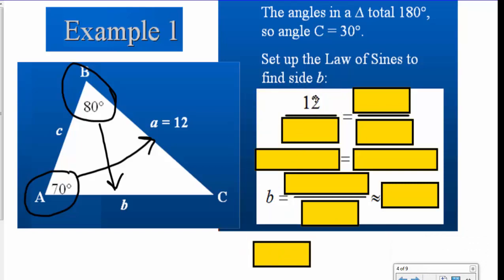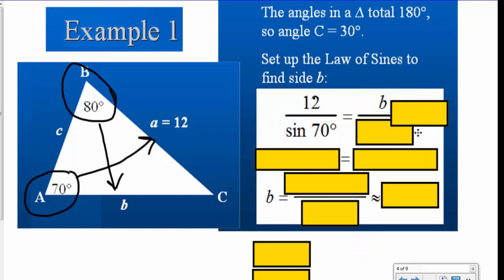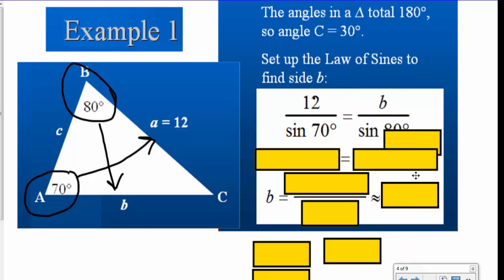We take 12, the side, over the sine of the angle across from it, 70 degrees, and set it equal to side b over the sine of the angle across from it, which is 80 degrees.